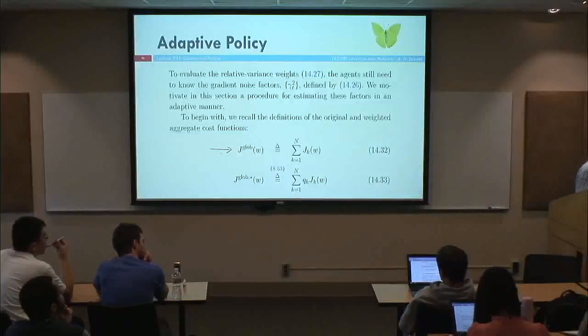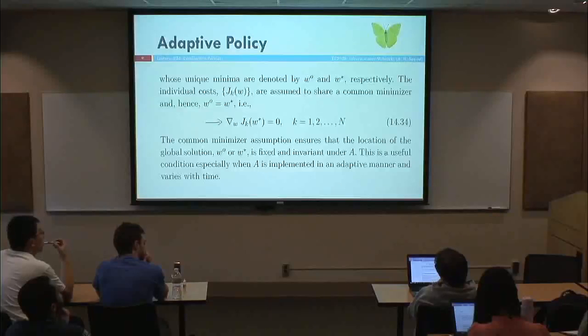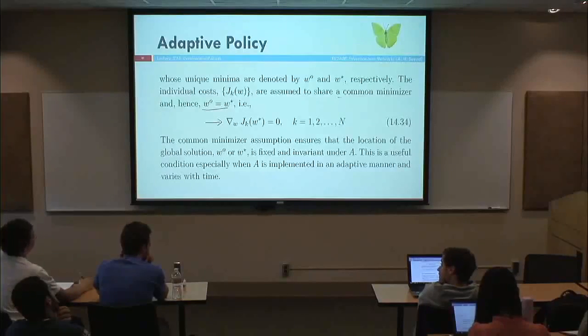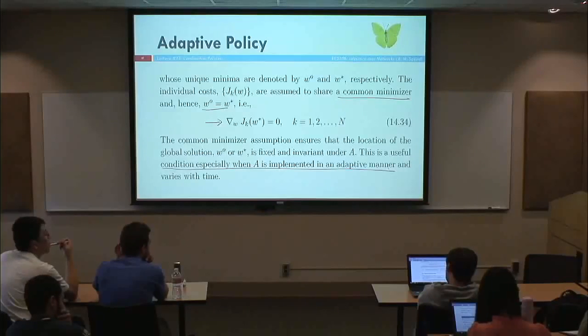Very good. Here I'm just reminding you what the Pareto solution is. Since the individual costs have a common minimizer, omega 0 and omega star will be the same. And this is a useful condition because A is now going to be changing in an adaptive manner. So if that's the case, then omega 0 will be insensitive to that.